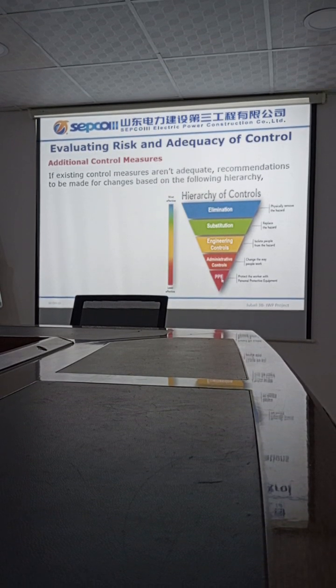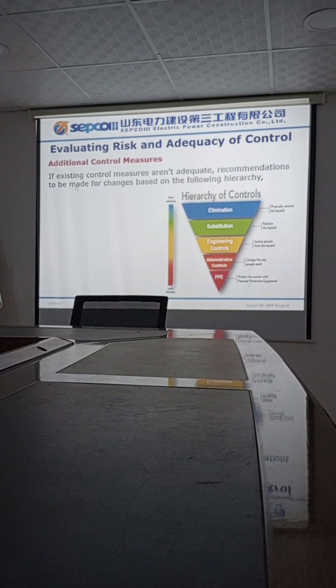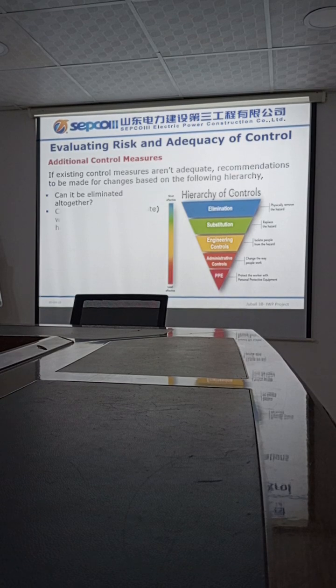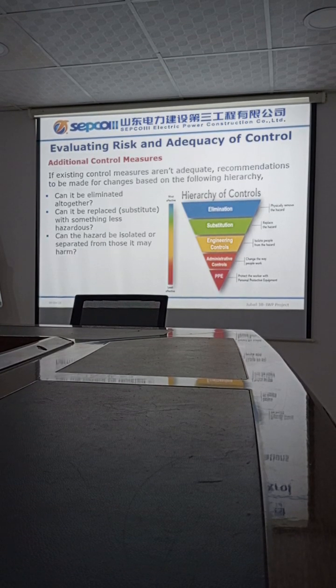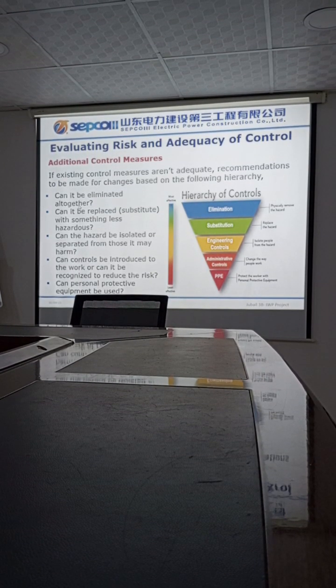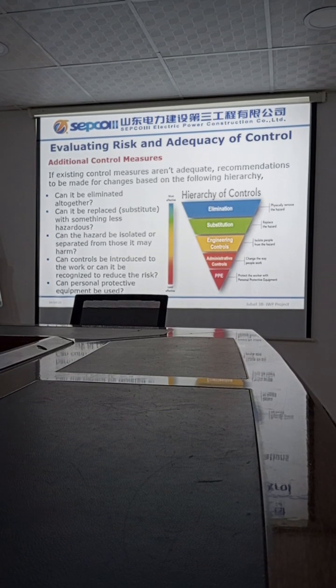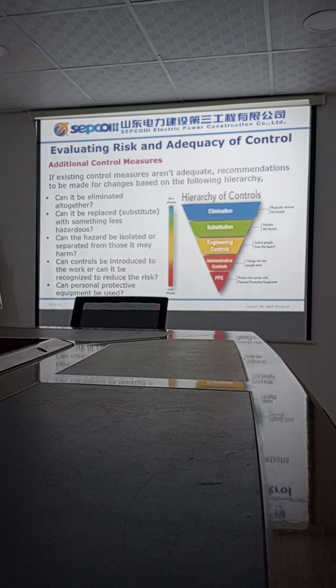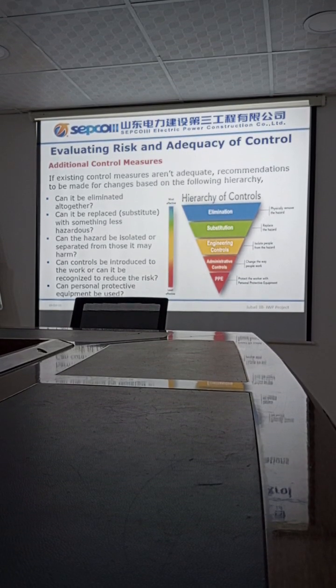Yes. Very less. Okay, so if existing control measures are adequate, recommendations are to be made for changes based on the following hierarchy of controls. This is the question: can it be eliminated altogether? Example, if the hazard is this, if we remove it, we cannot see this. So now we take risk.